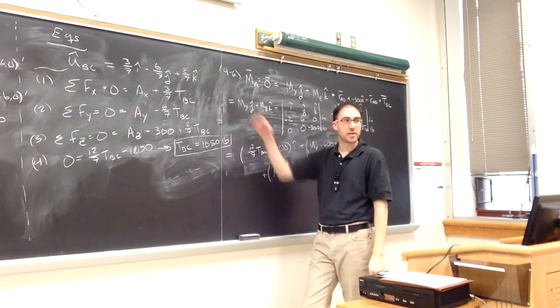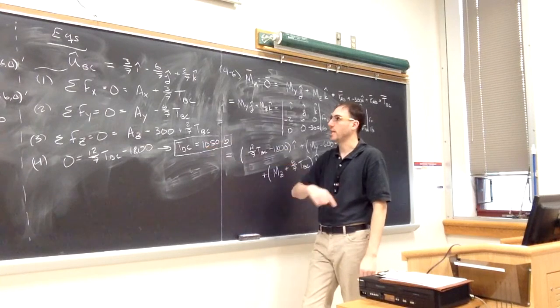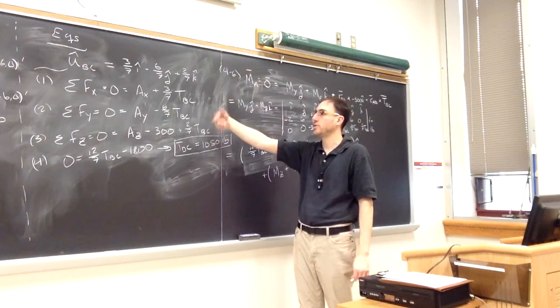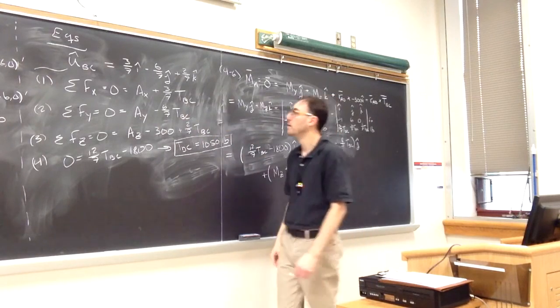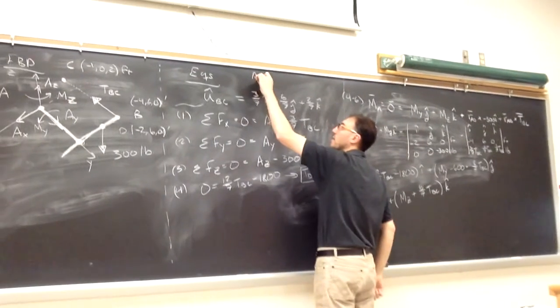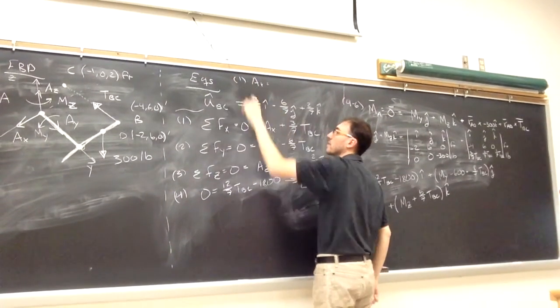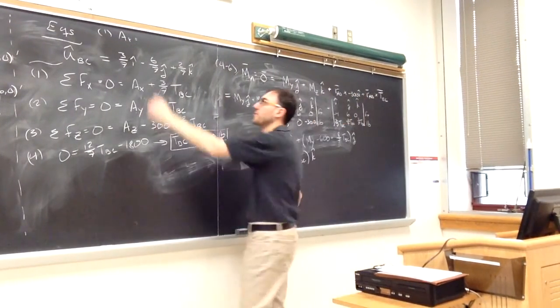Now things start to kind of get pieced together. Now that I know as a number TBC, looking at equation 1, 2, and 3, I can find these 3 forces as well. I can put my value in for TBC, and I'll get AX using equation 1. AX is going to be negative 450 pounds.